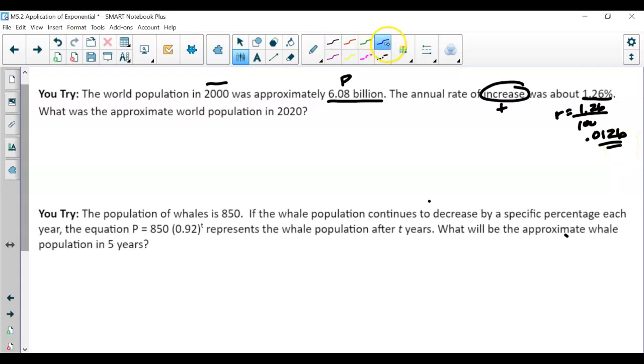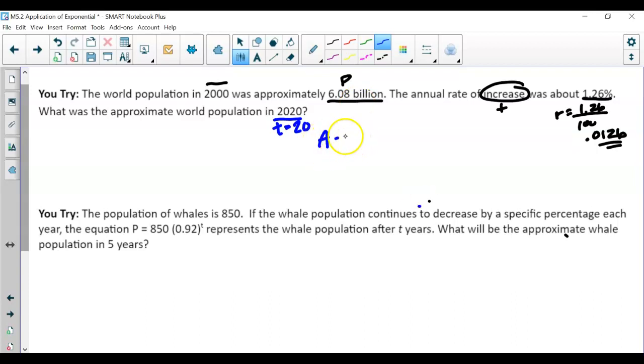What is the approximate population in 2020? Which means here, how many years passed? 20 years. So T is 20. So here we go. So you could put the billion, but I'll just put 6.08, and then we know that this is in billions. That's our unit.